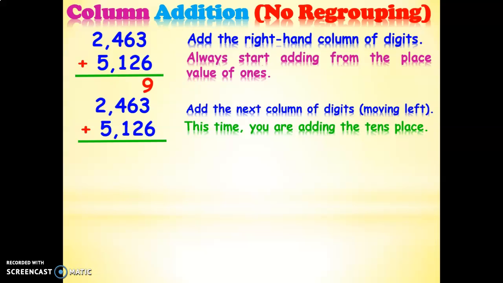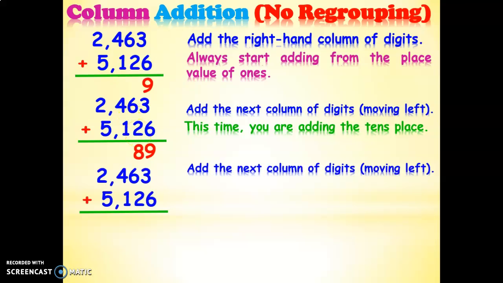This time, you are adding the tens place. So again, 3 plus 6 from ones place equals 9. And now we continue with the next column of digits moving left. You have 6 plus 2. The answer is 8. 6 and 2 belong to the place value of tens.